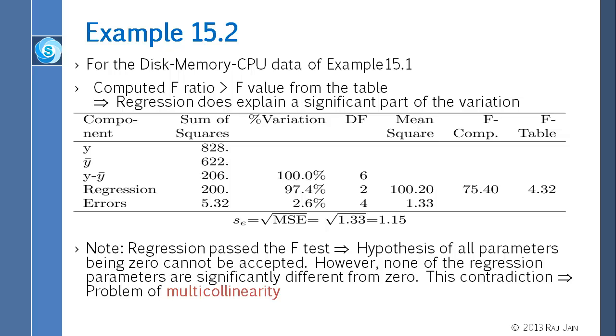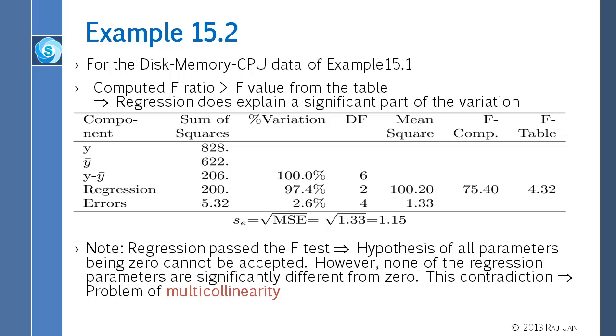The errors have a sum of 5.32, and therefore the regression explains the difference between those two, which is 200 point something. So this is 100%, 206. This is 2.6%. And so the regression explains 97.4%. So this is basically R squared right there.